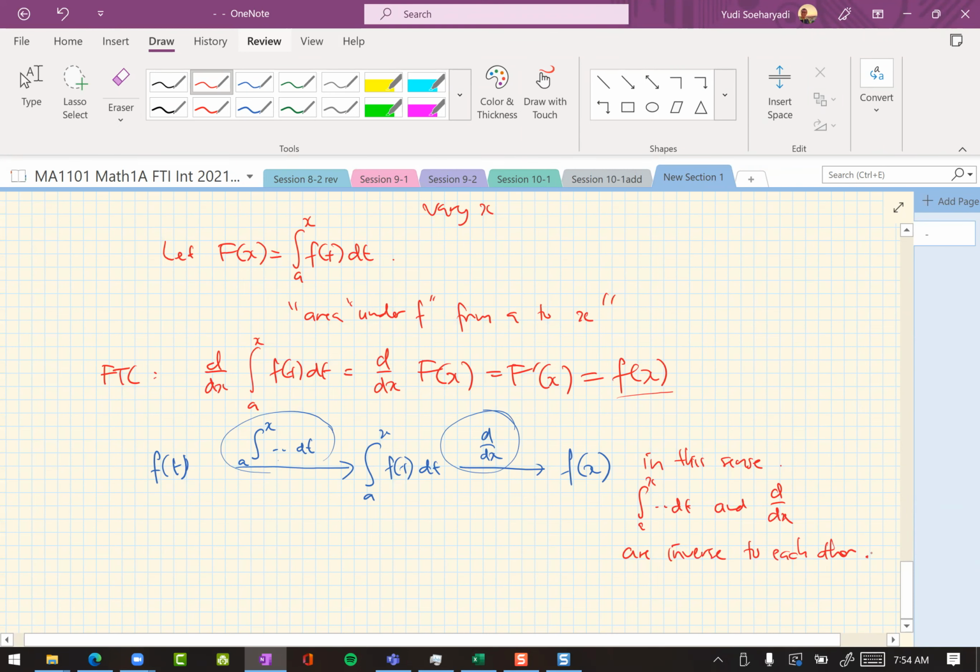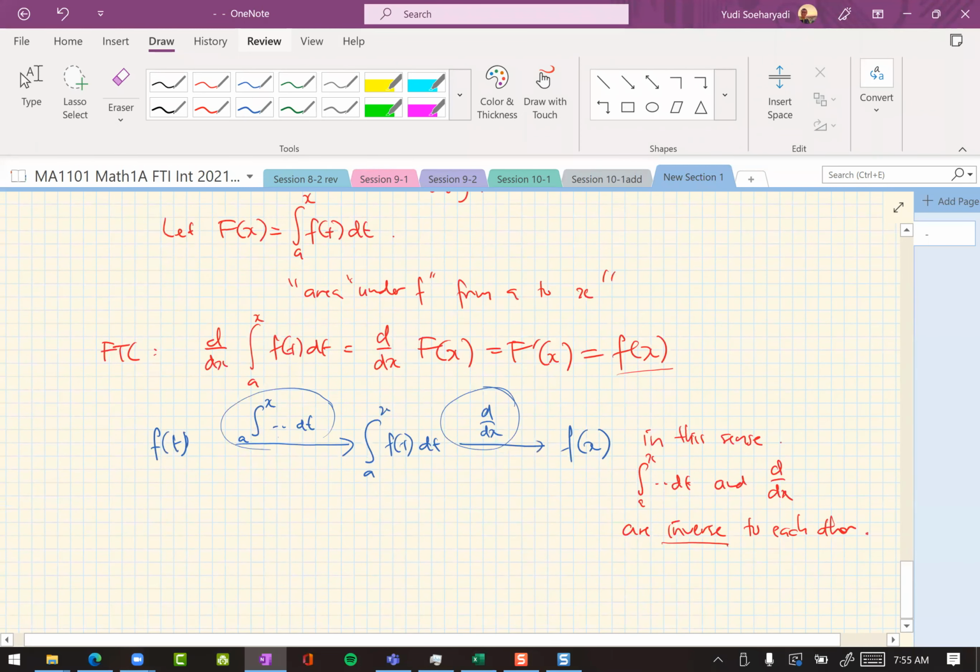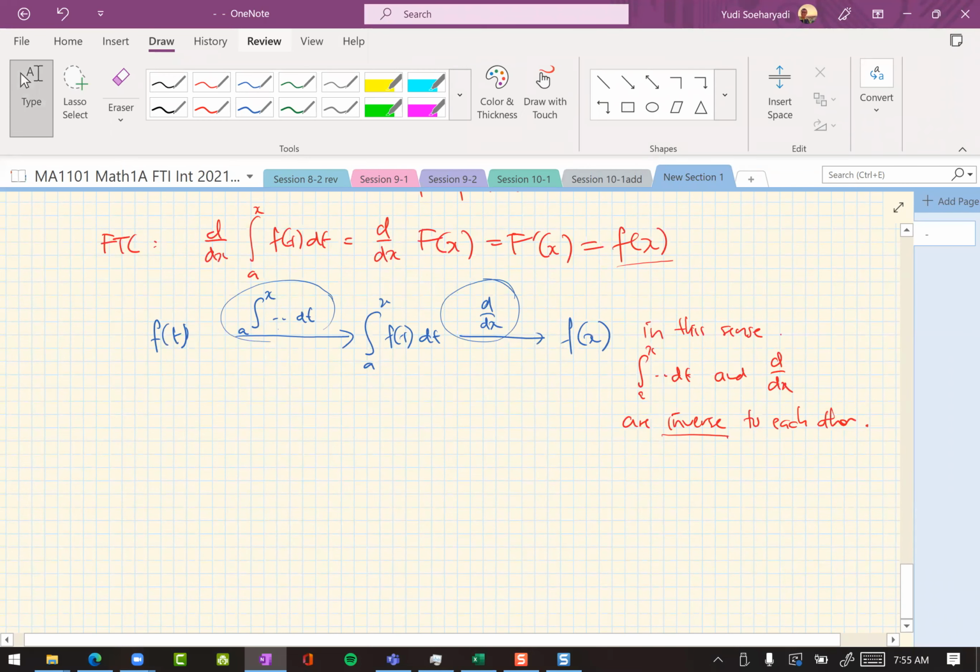Okay, so this fundamental theorem of calculus answers the question whether we can find an inverse to a derivative. Yes, we can. The inverse is this form, the integral, but this integral in the specific form from a constant to variable x. Okay, that's why this is inverse. Okay, questions?